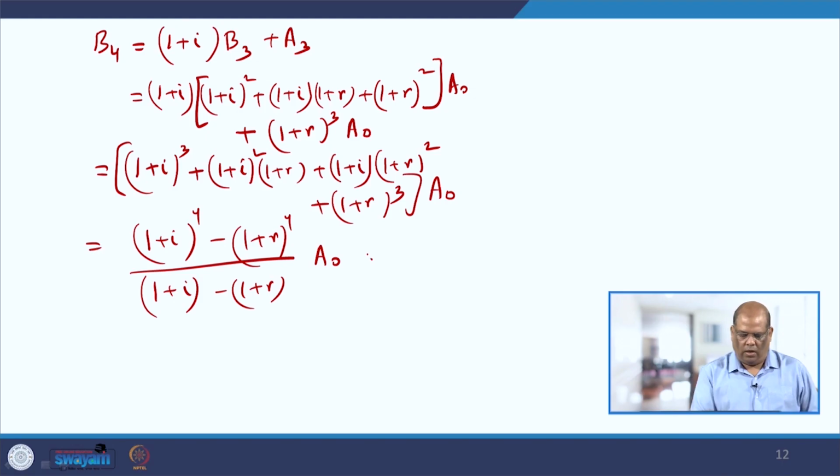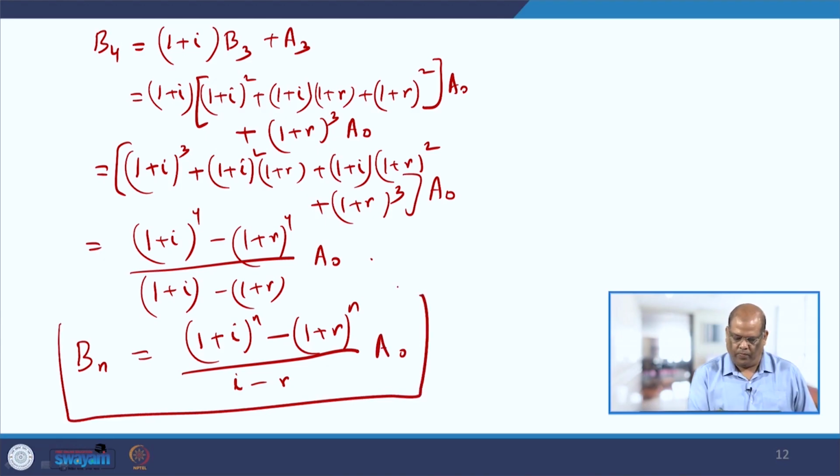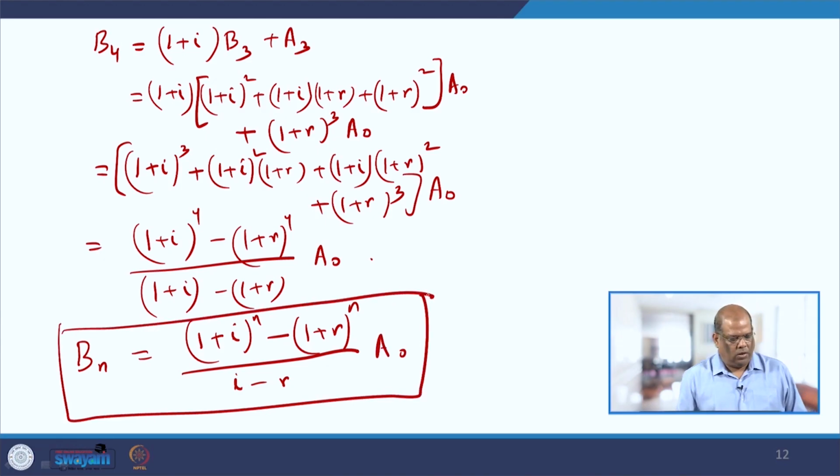So if I want to get the formula for Bn, I have to just follow the generalization. This will be ((1 + i)ⁿ − (1 + r)ⁿ) divided by (i − r) into A0. So this is basically what you get after the simplification of the model.